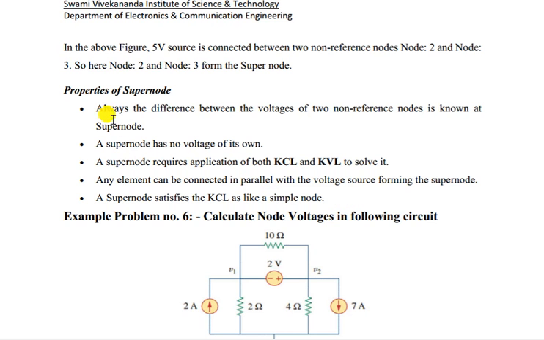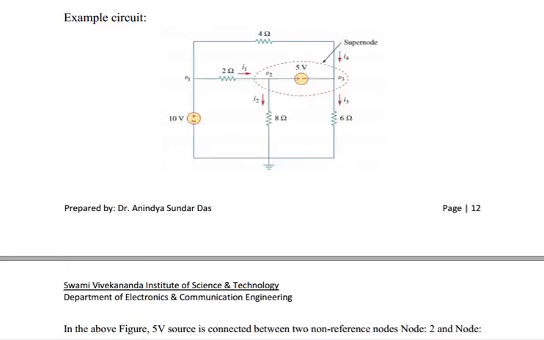The difference between the voltages of the two non-reference nodes of the supernode is known. That means, for this V2 and V3, what is the relation? V2 minus V3 will be equal to 5 volt, since this is connected to plus and this is connected to minus.